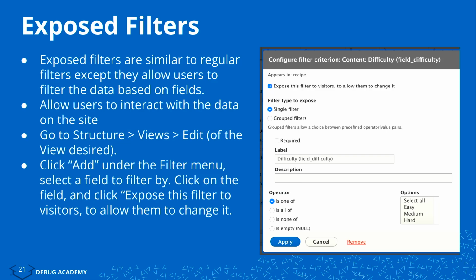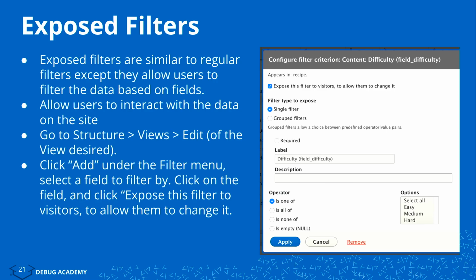You also have the option to expose your filter. So you can let the end user filter the list. And you can use fields on your entity as the filter. So for our recipe nodes, we have a difficulty level field that has the options easy, medium, or hard.